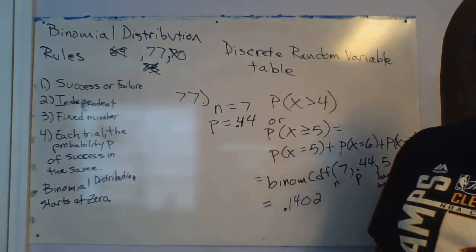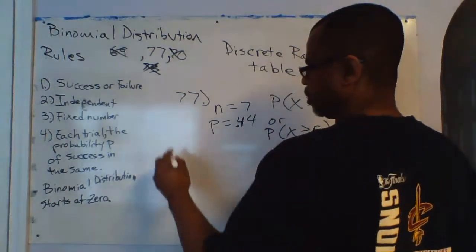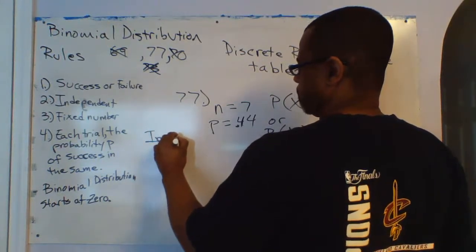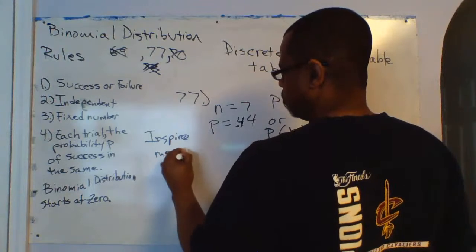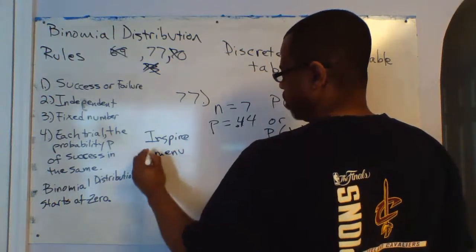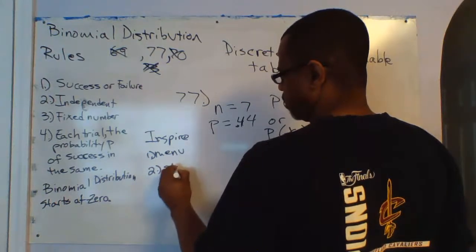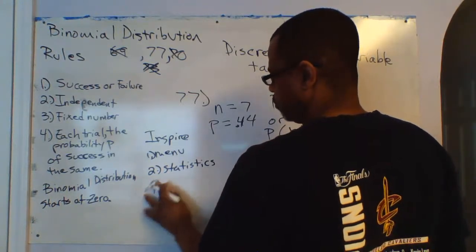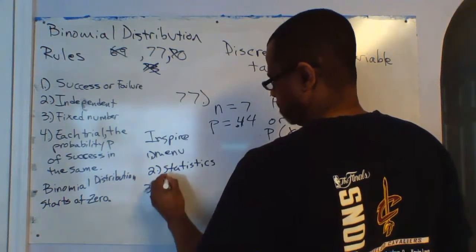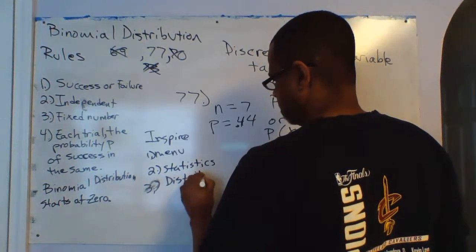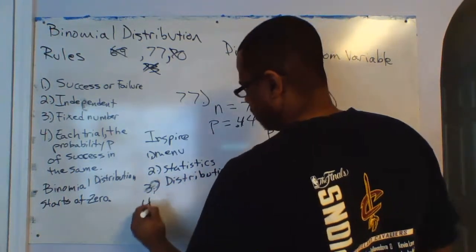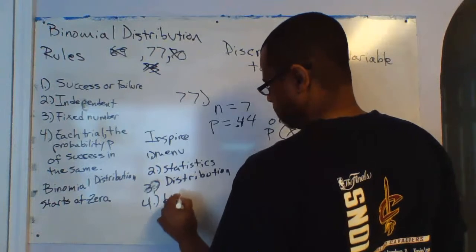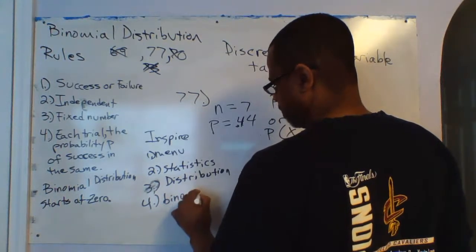All right. So if you have an Inspire, you go to menu. Then you're going to go to statistics. Then you go to distribution. Then 4, you're going to go to binomial. You can scroll up if you want to get to it quickly.